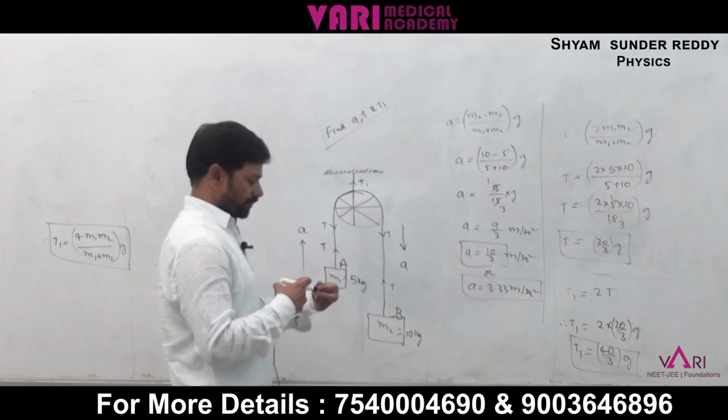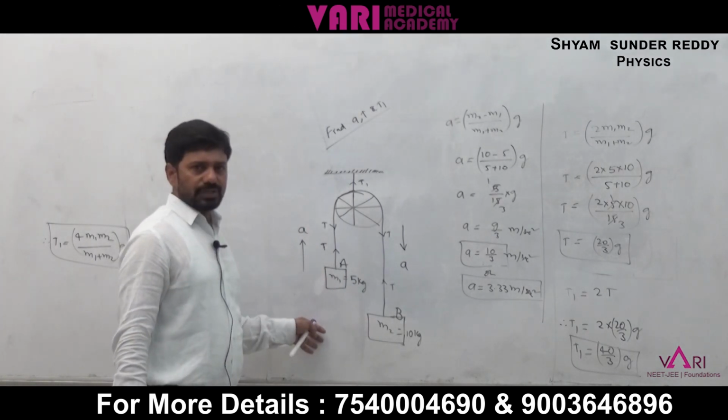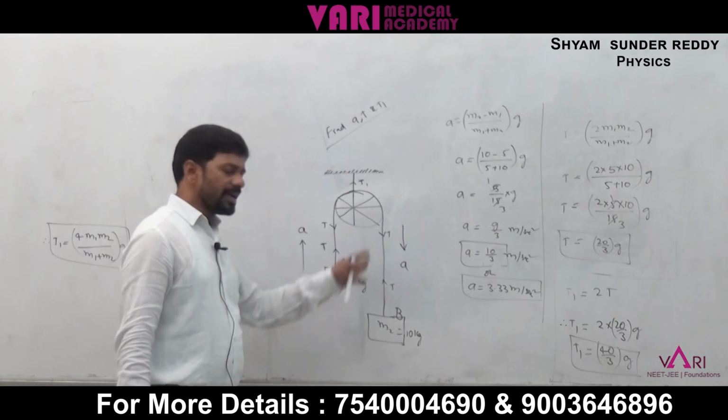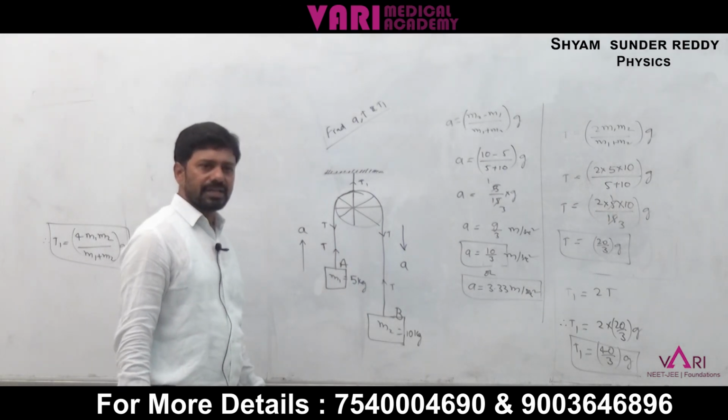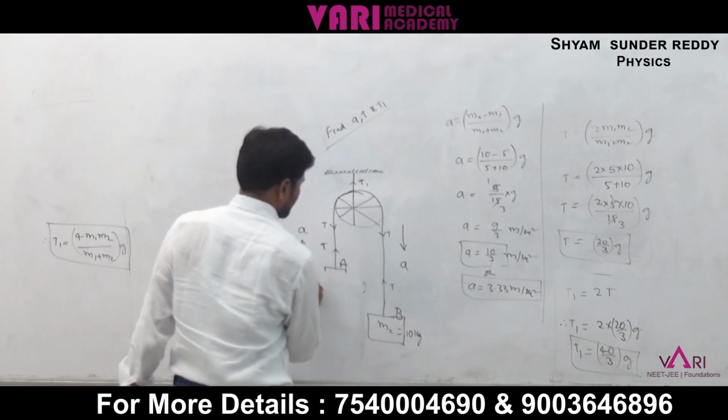Next, if in case this is the two body motion, in the same way three bodies is there. If the three bodies is there, then how will we solve?